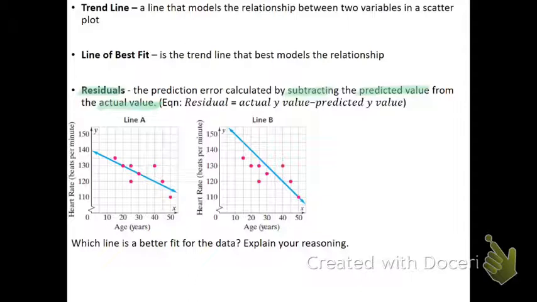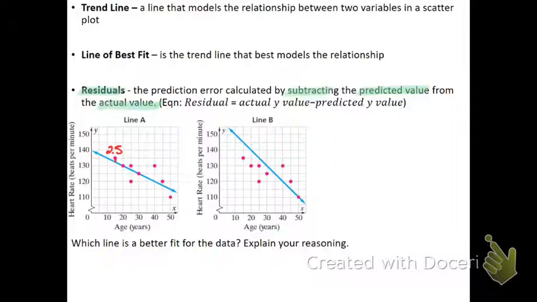So with this first one right here, I can draw down. Right there, that is half of a square, so that'd be 2.5. So that is 2.5 away from our line of best fit.